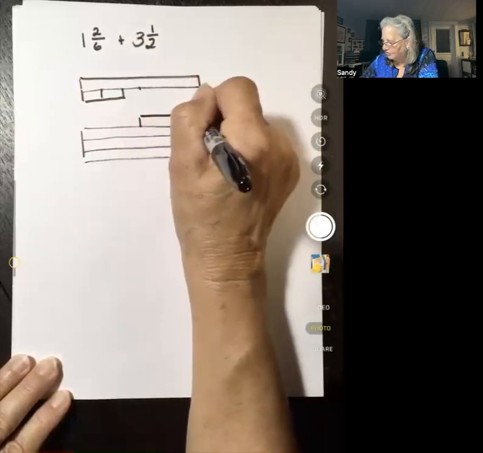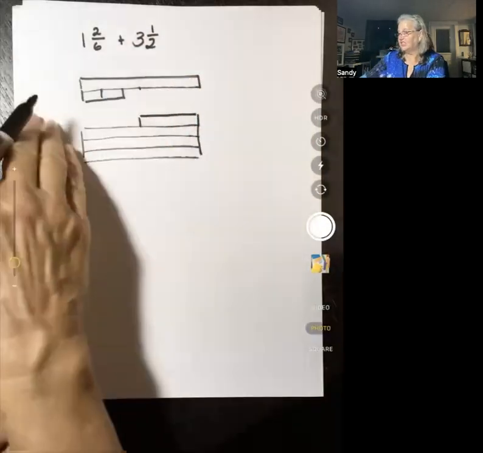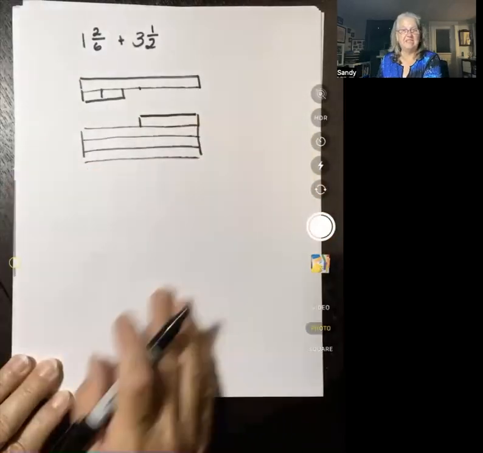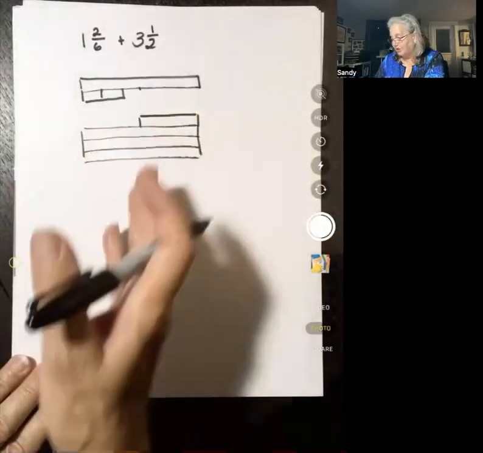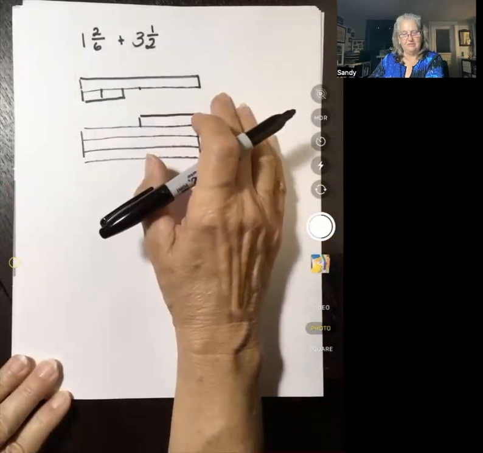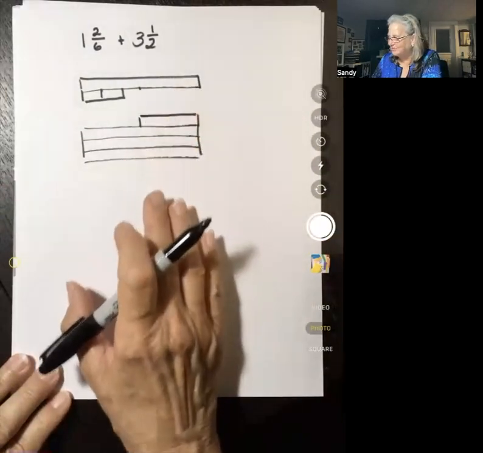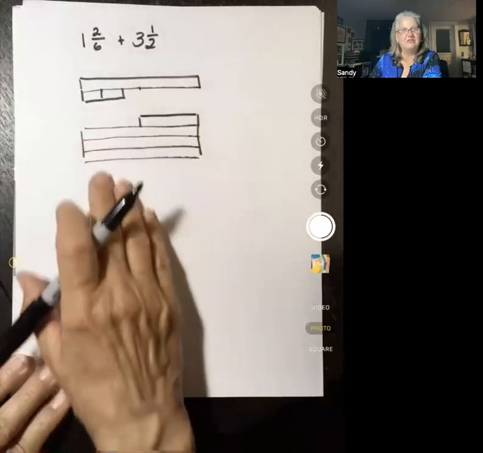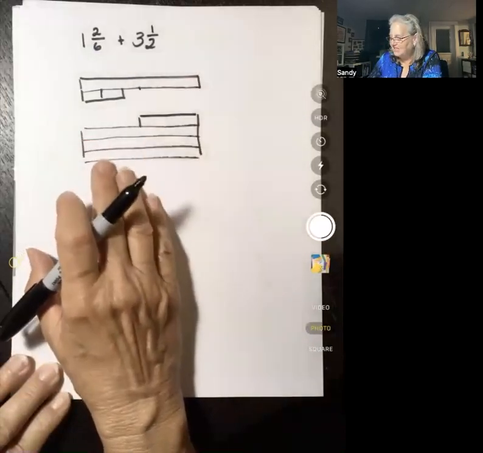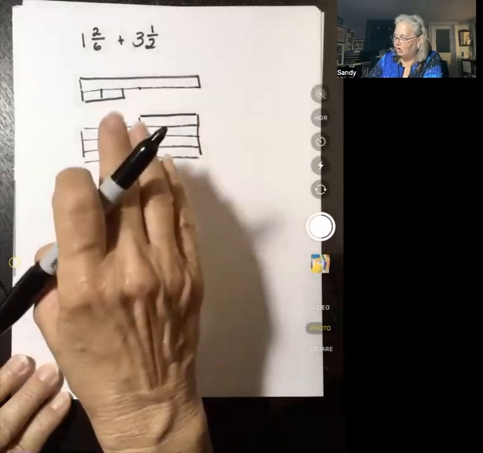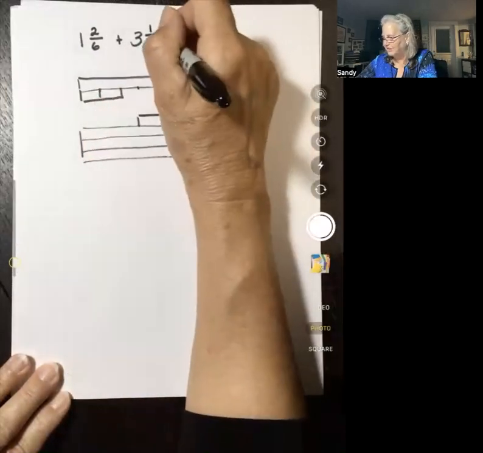Now, I could have drawn this picture with these representations side by side. I could have drawn this with the wholes on top as I drew this one. But you see, when I'm doing this picture, I tend to draw it this way because I want to see how the pieces fit together. But in this case, I have to combine wholes with wholes, ones with ones.